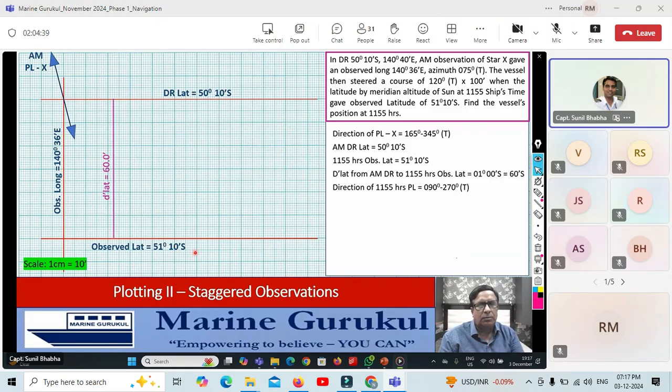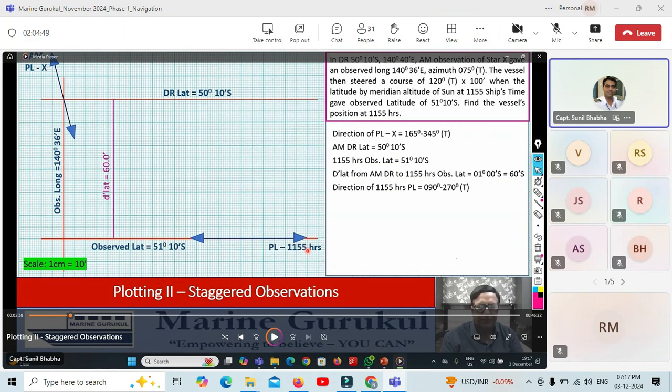Now, the PL at 11:55 is east-west, so it coincides with the observed lat, and here we have the PL for 11:55. Any doubts up to here, beta? No, sir. Very good.